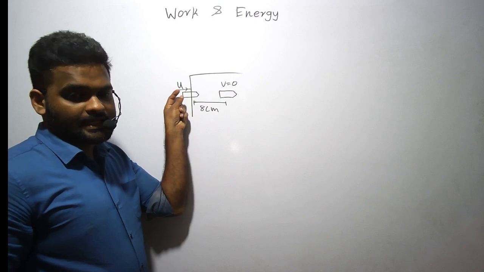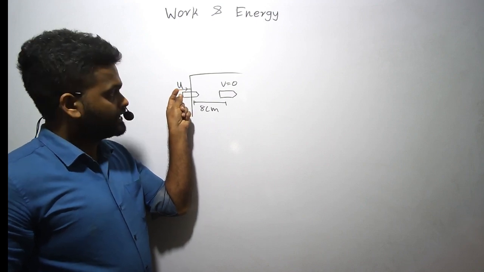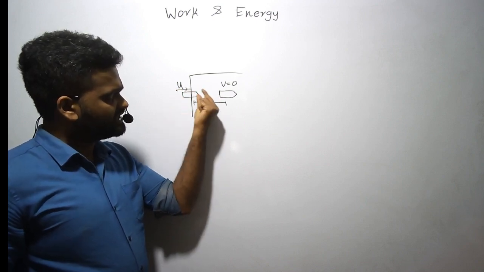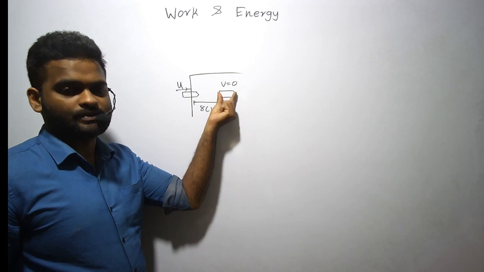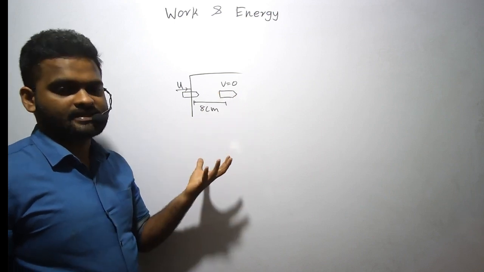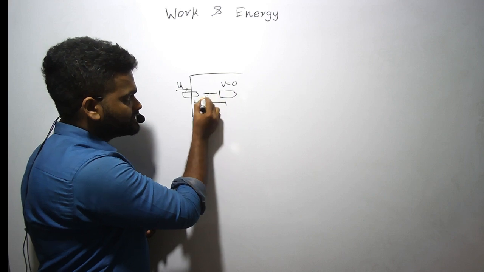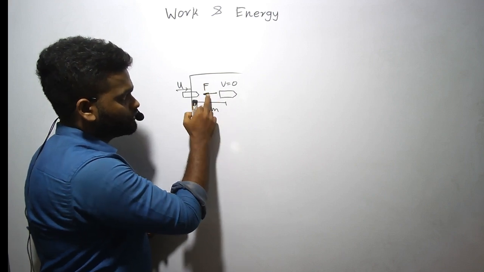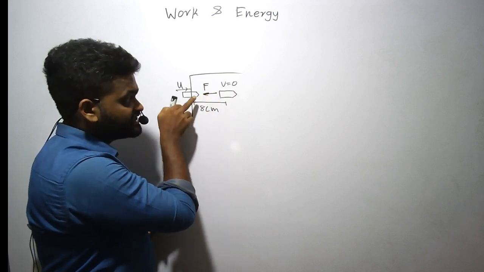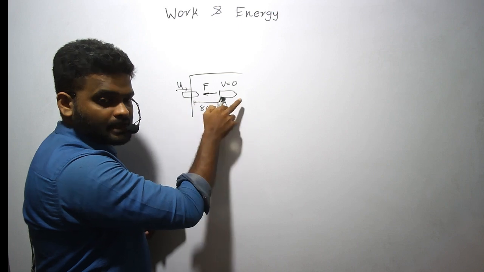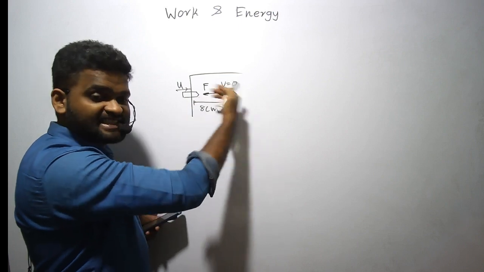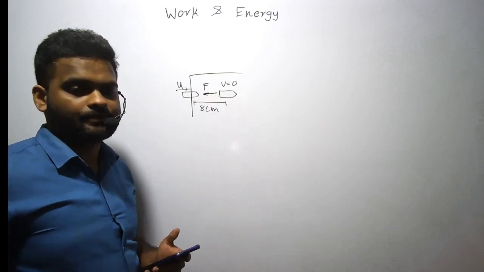The bullet had kinetic energy. That kinetic energy is completely lost when it comes to here. Why is that? There's a resistive force while this is penetrating this target. There's a resistive force acting on the bullet.